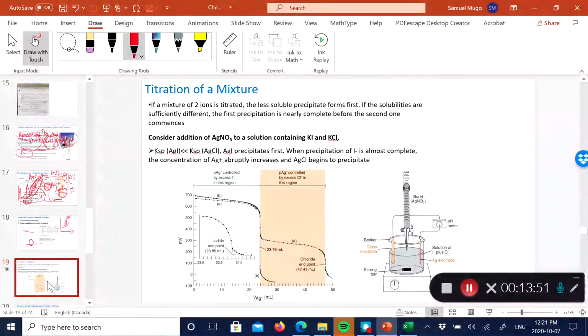And so you can actually detect them separately. You can see the equivalence point for the iodide, because it's precipitating first, and then the equivalence point for the chloride later on as it precipitates next. So essentially, you can analyze ions in a mixture using a precipitation type of titration.